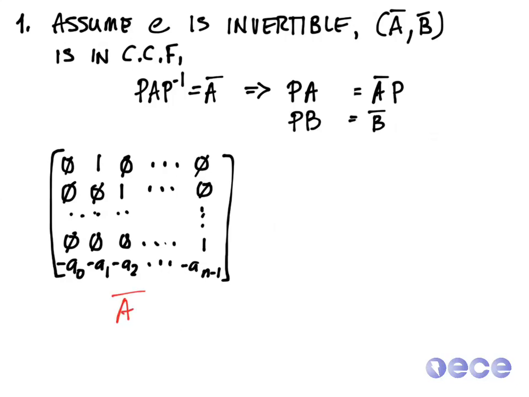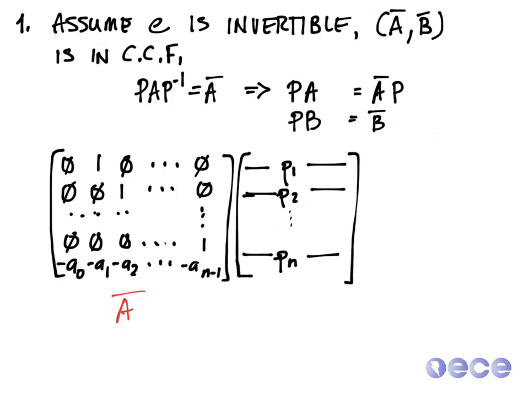And A bar times P, we defined that P was equal to a row P1, a row P2, all the way to a row Pn.